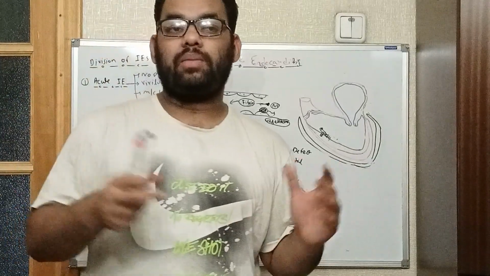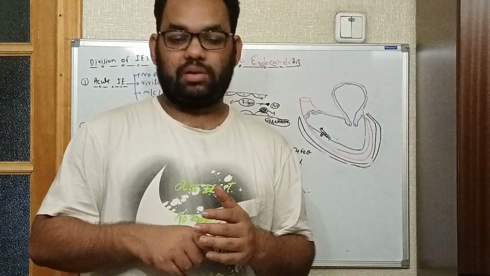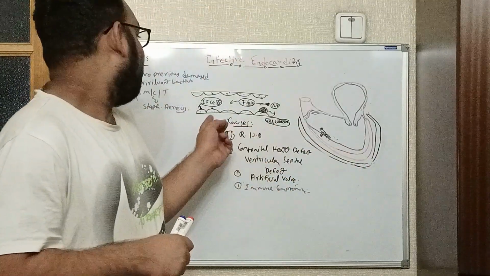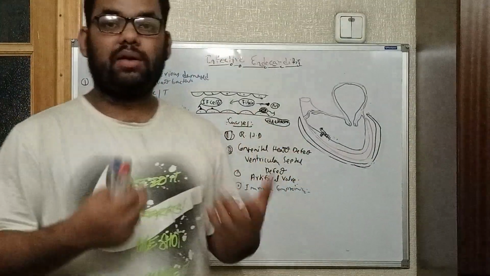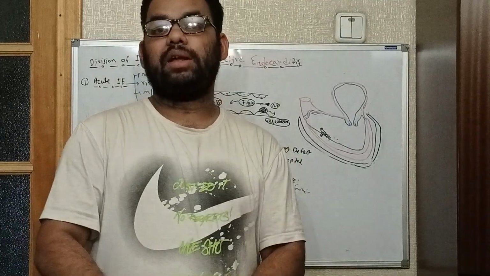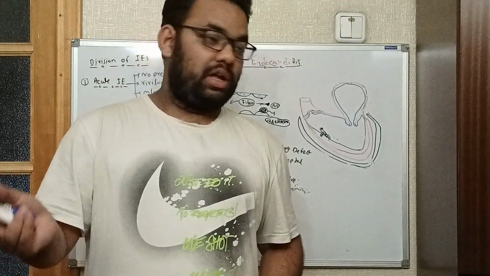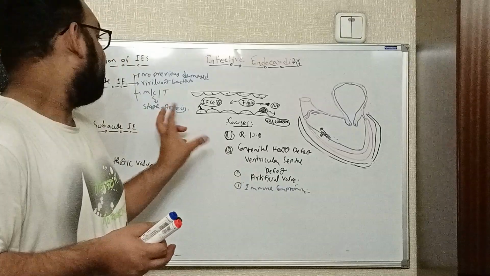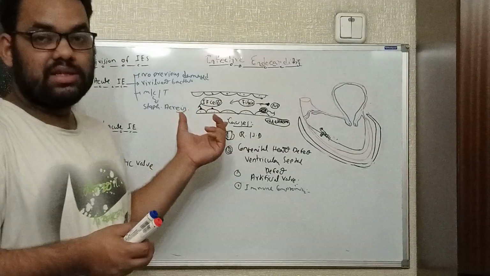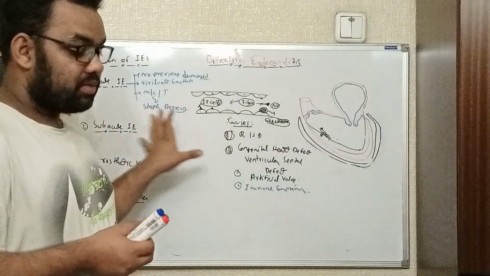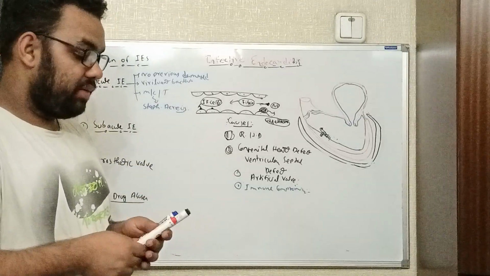So there is already damage in the endothelium of the endocardium. Now if you see another type of damage on an already damaged endocardium or endothelial cellular lining, we consider this subacute infective endocarditis.